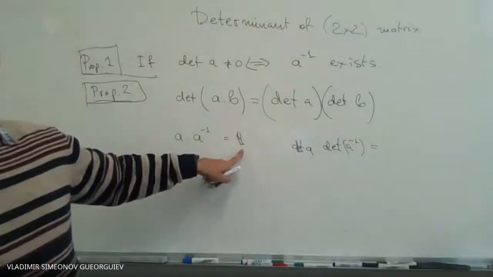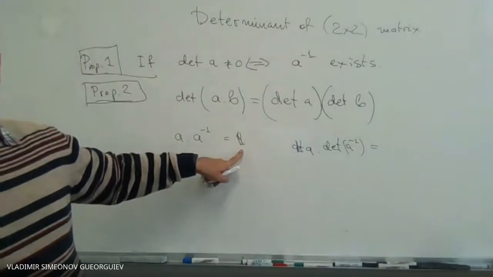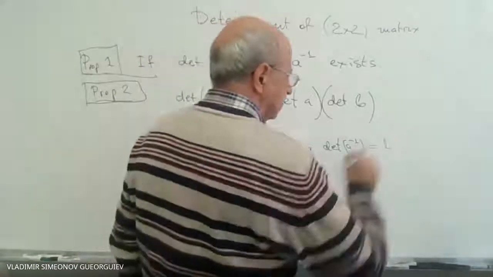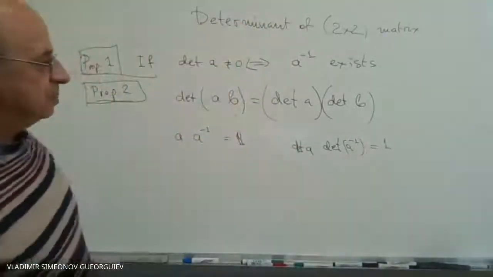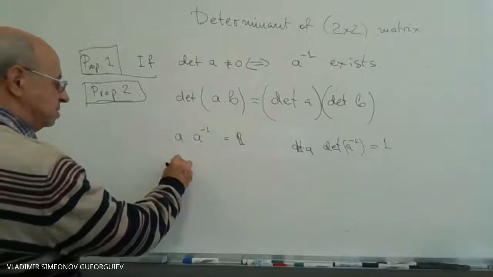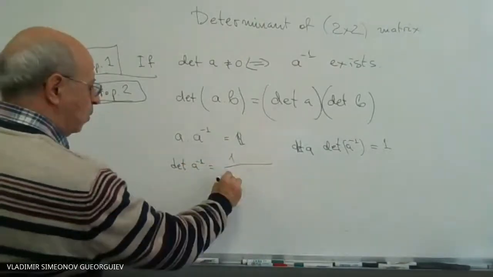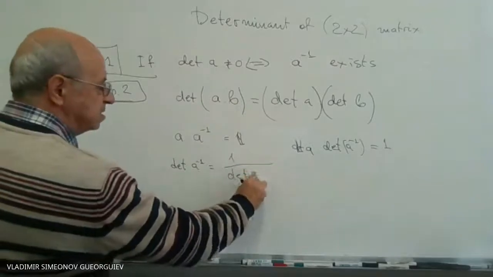But the identity matrix has 1, 1 on the diagonal, and therefore its determinant is exactly 1. And from here we can say that determinant A minus 1 is nothing else than 1 over determinant of A.